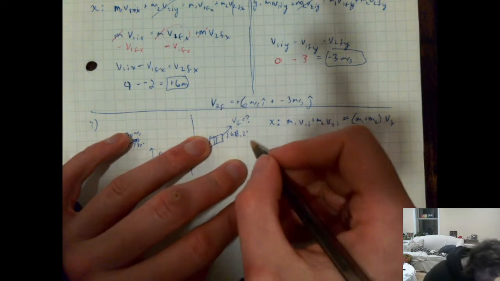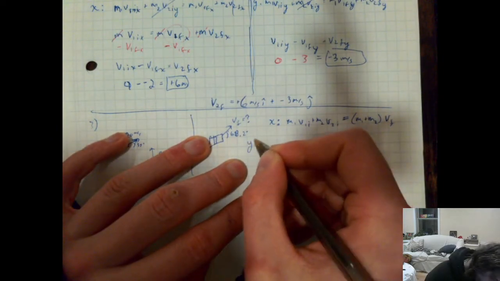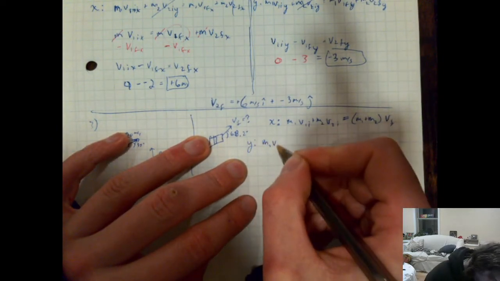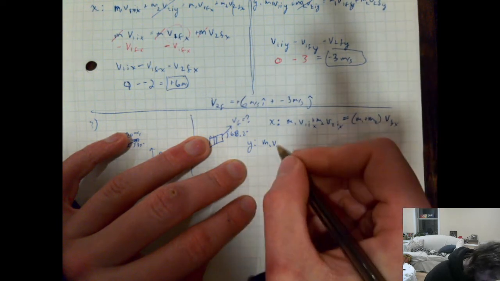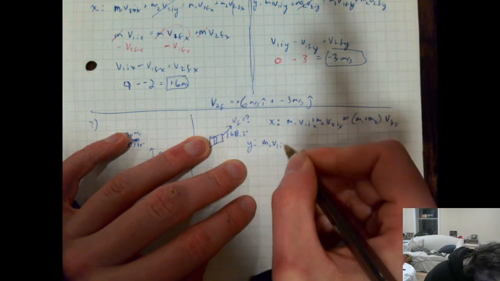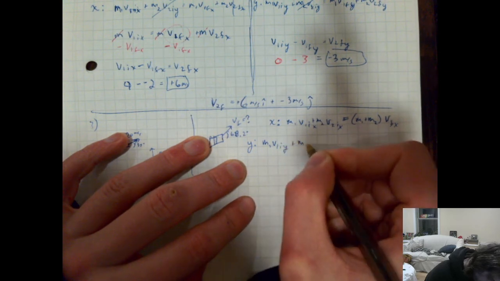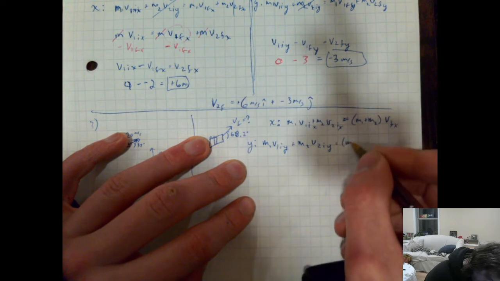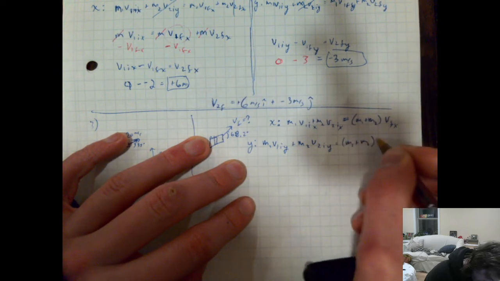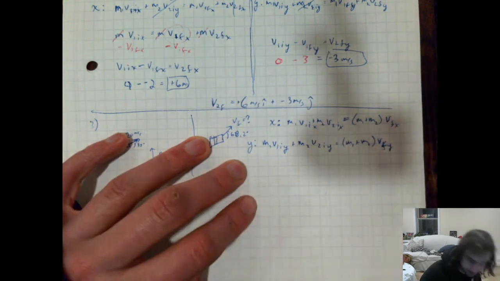In our y direction, it'll be pretty similar, but as always, I forgot the subscripts, but with y's instead of the x's that I just added. So m2 v2 initial in the y direction equals m1 plus m2 times v final in the y direction.